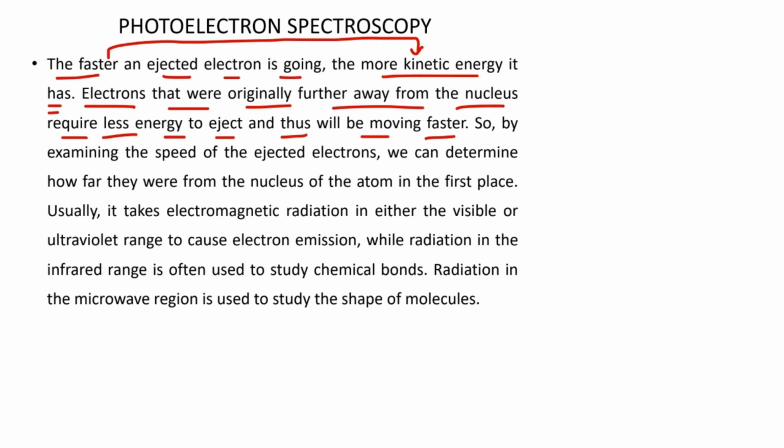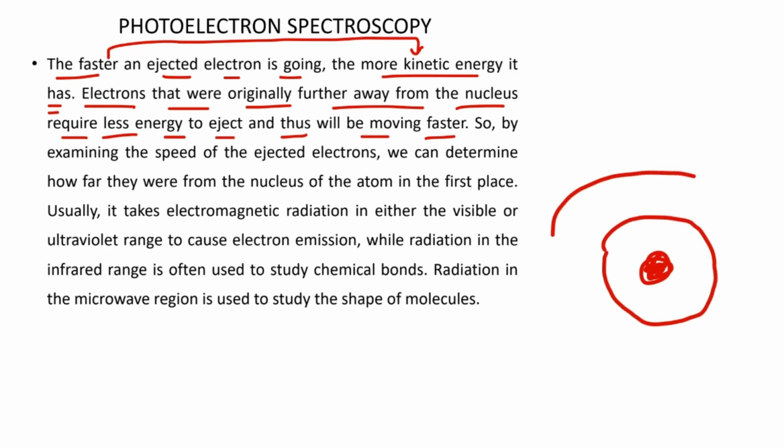Okay, so for example, we have the nucleus. Around the nucleus we have only two orbits. We are going to use them to explain this line. Then we have one electron in the first orbit and another electron in the second orbit. In order to eject the first electron out of the atom, we need to give it energy to move it from level 1 to level 2, then to move it from level 2 outside the atom.